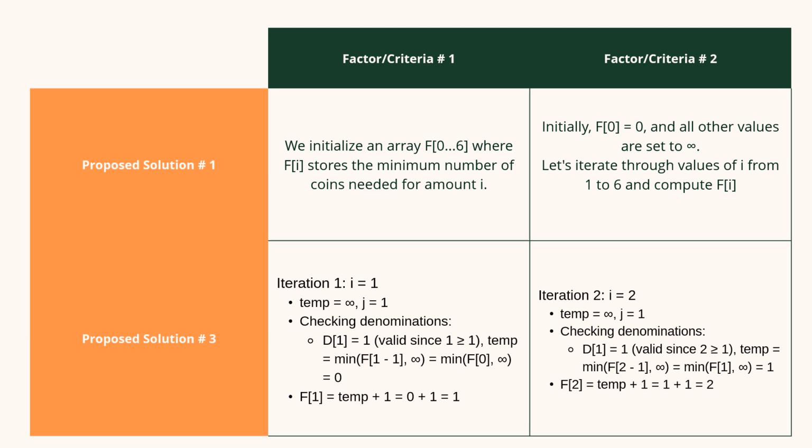d of 1 is nothing but denominations. Actually we have 3 denominations. First is 1, second value is 3, and third value is 4. So denominations, d, is an array.